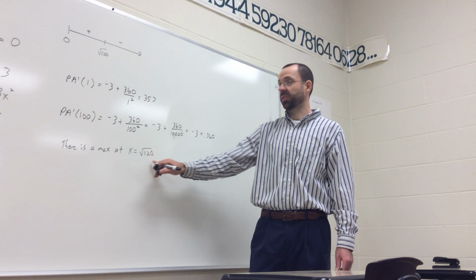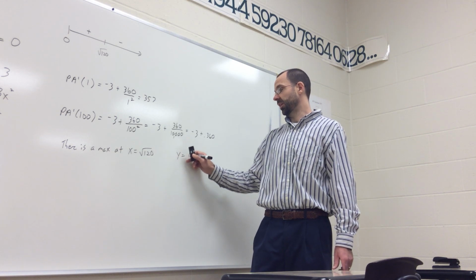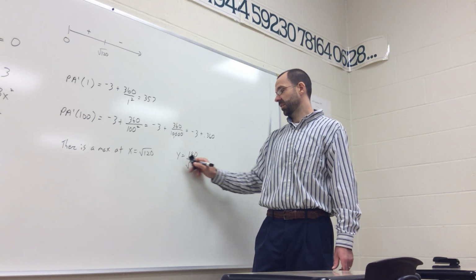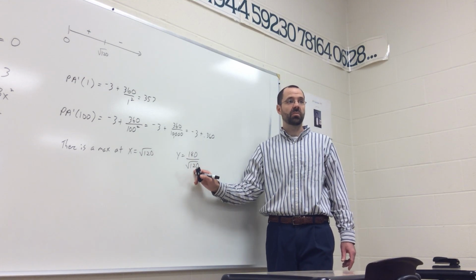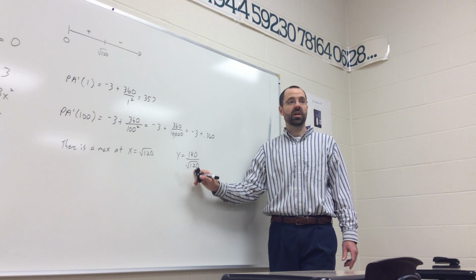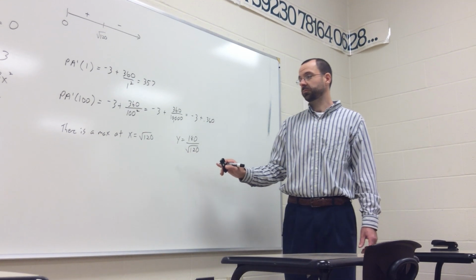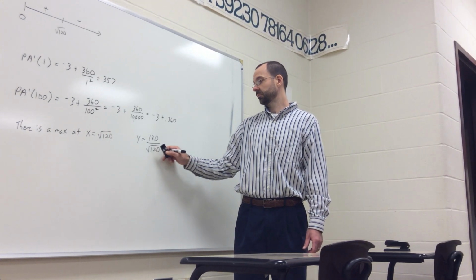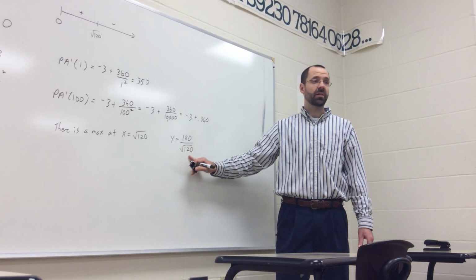So then we can just plug that into y equals 180 divided by that. So here's the other side of the poster. 180 divided by square root 120. So then that gives both dimensions, right? The width and the length of the poster.